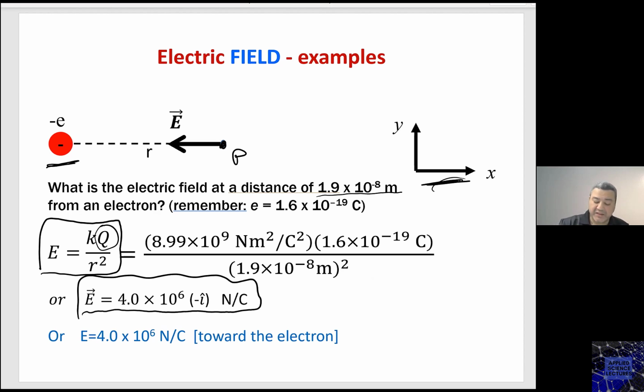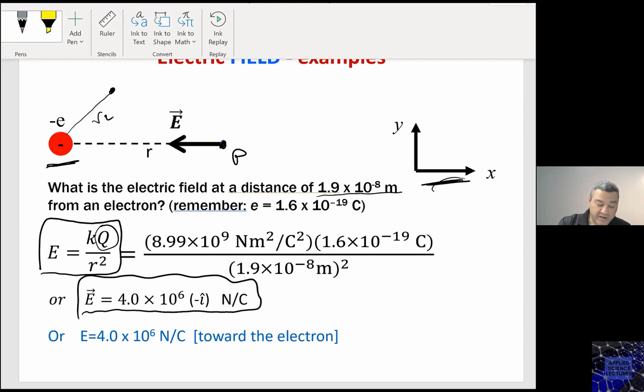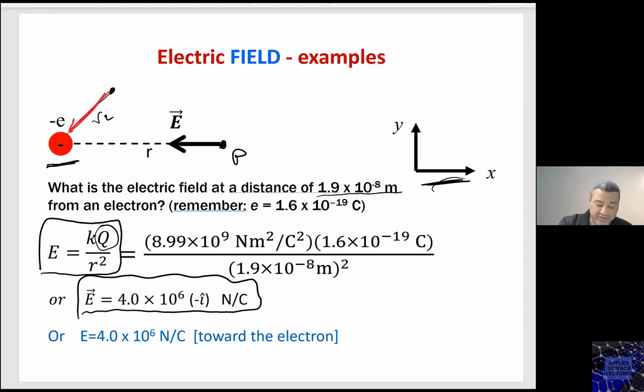So in this case, if I am to calculate the electric field right at this point, then here the distance is different, r2, that is less than r. Because the distance now is smaller than the first one, I can say that the magnitude of the electric field here is greater.